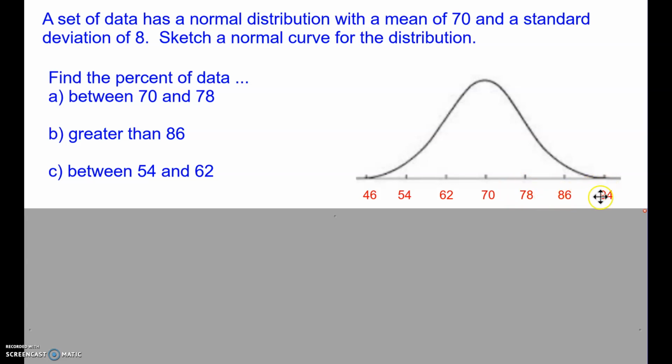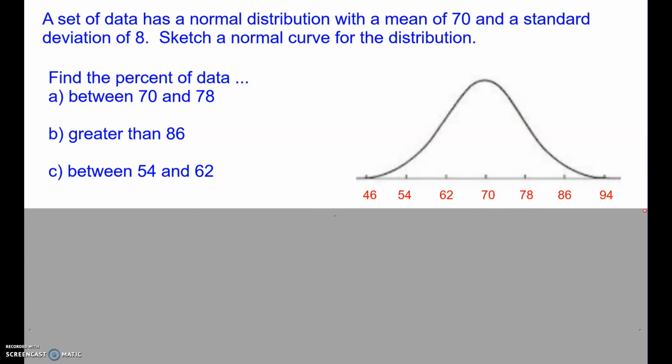Now it asks me to find the percent of data that is between 70 and 80. Well, let's take a look here. 70 is the middle, and 78 is 1 standard deviation above.